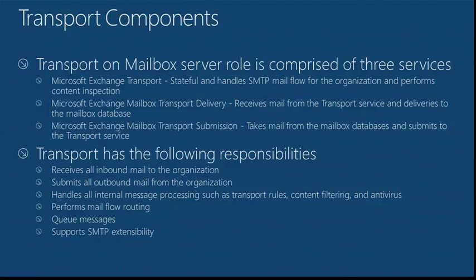So a lot of the heavy protocol agent work that you're used to seeing on hub transport today is being handled by the transport service in mailbox. It does the mail flow routing. It's responsible for queuing in the mail.q file. It's responsible for shadow redundancy, which I'll talk about in a bit. And it's also responsible for SMTP extensibility for developers who want to do custom SMTP workflows.